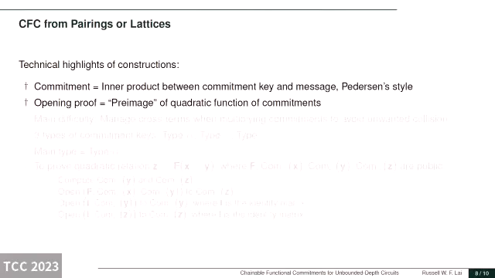Okay, so next let me say a little bit about our CFC constructions from pairings or lattices. For the interest of time, this is just going to be a very high-level overview. A commitment is basically an inner product between a commitment key and the message, in Pedersen style. And an opening proof is some sort of pre-image of some quadratic functions of the commitments.